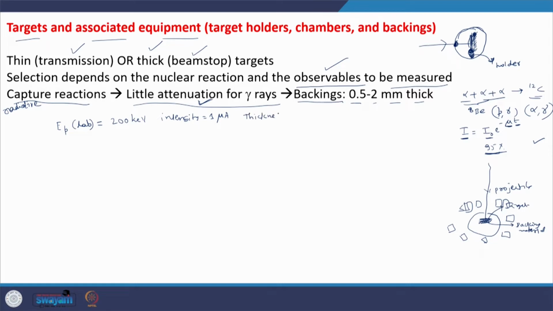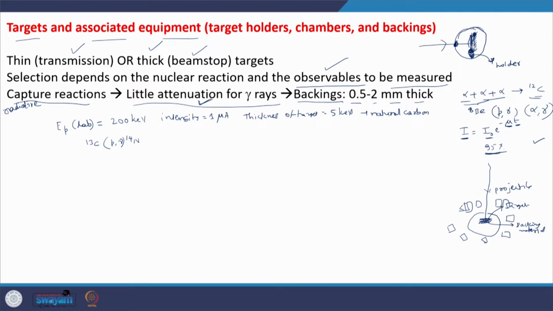And the thickness of the target is 5 keV. What is the reaction? 13C(p,gamma)14N. Basically, I am using a natural carbon target, whose thickness I am giving neither in terms of micrometers or nanometers, nor in grams per centimeter square, but in terms of energy.